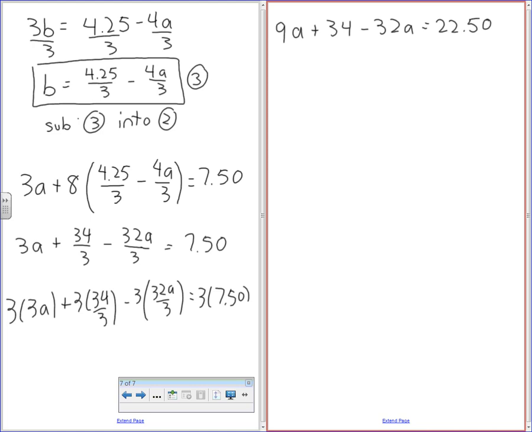Someone with a calculator confirm for me, I think that's right. Bailey, is that right? Yes. So negative 23a equals 22.5 minus 34. Negative 23a equals negative 11.5.